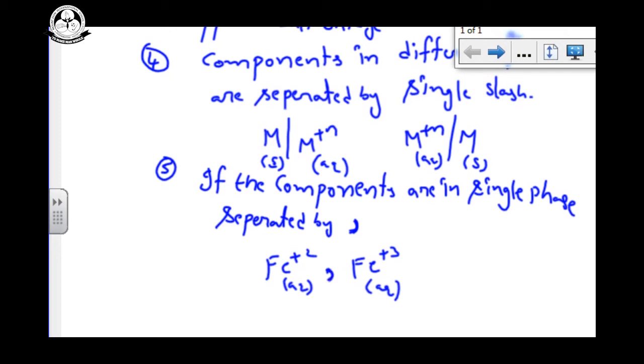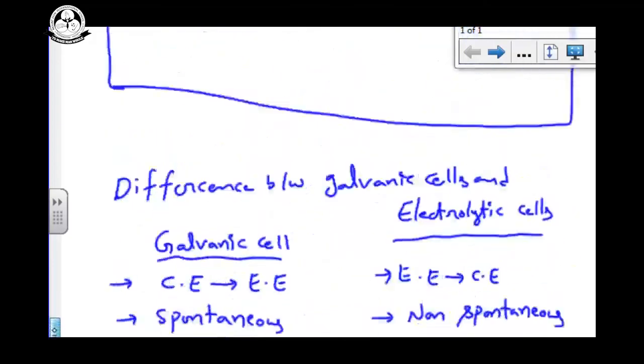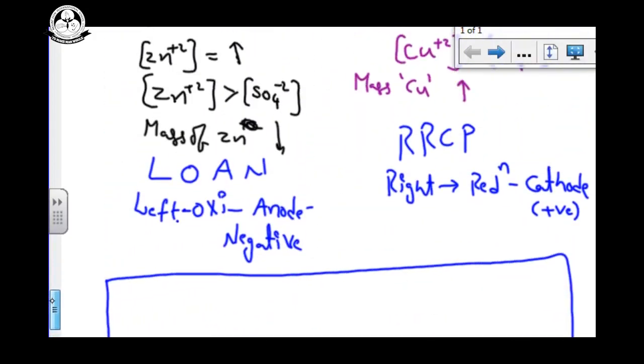Next, see the previous example based on these rules. I have given some blanks here. Based on this, first the anode separated from the cathode: anode zinc on the left side, cathode copper on the right side. In the zinc half, zinc becomes zinc ion.